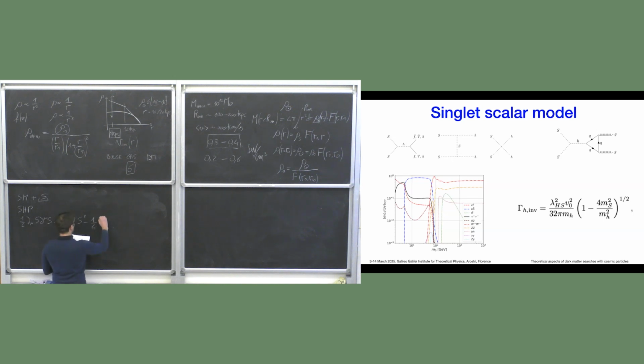Then you have the quadratic term. And the most important part is this portal between the standard model Higgs and the S particle.